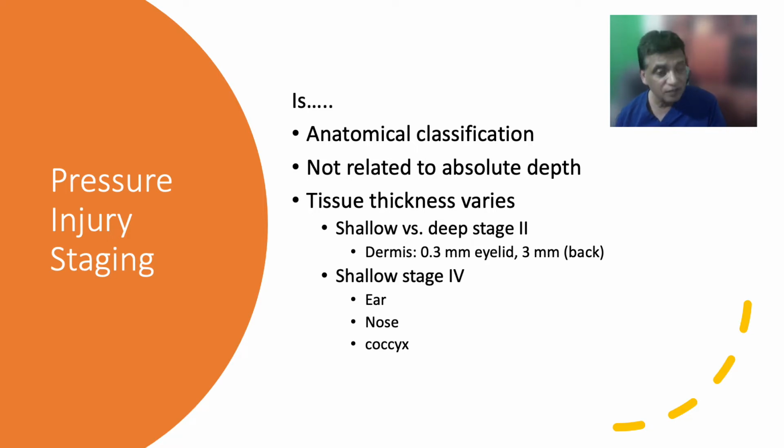So a relatively shallow pressure injury on the coccyx can be stage 4 because pressure injury is classified based on the tissue type involved, not on the absolute depth.